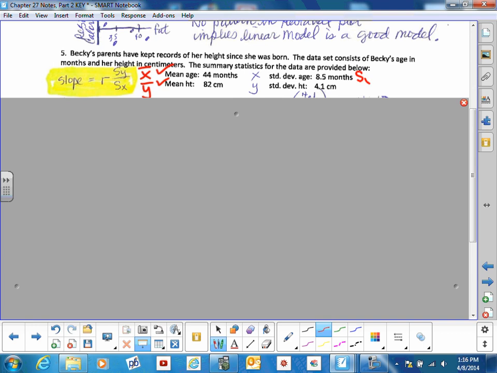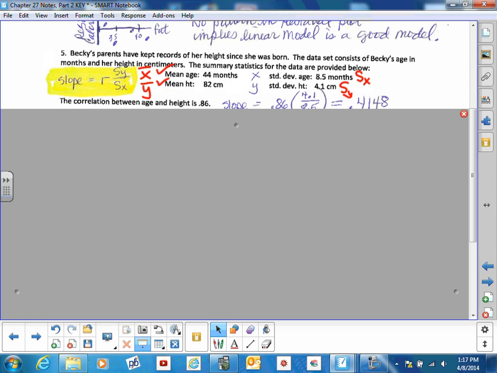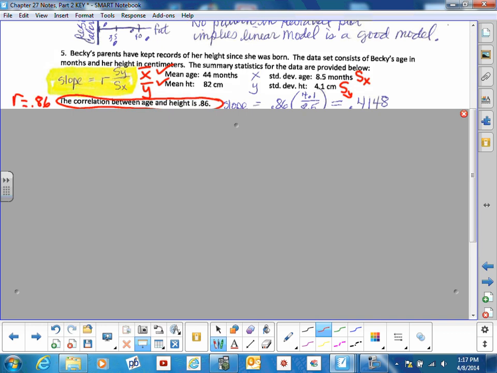This is the standard deviation of age, which is standard deviation of X. This is the standard deviation of Y. Now we also have been given this information here. If we had not been given the information that the correlation is 0.86, then we could not do this problem. Now, I did not pull this highlighted yellow formula out from the middle of nowhere. It is located on your formula chart, and I want to show you that really quickly.